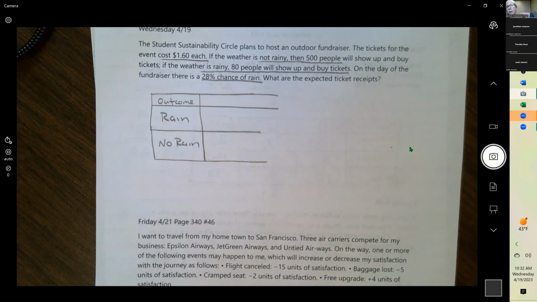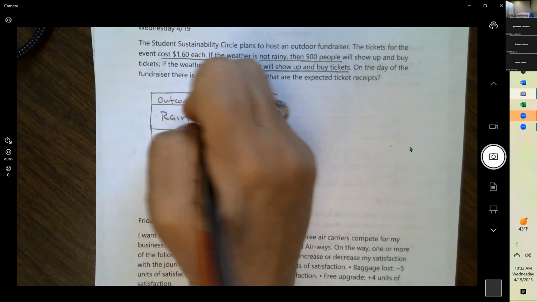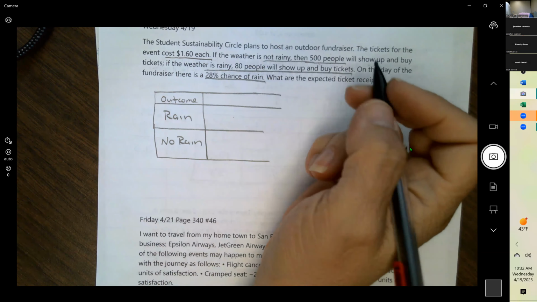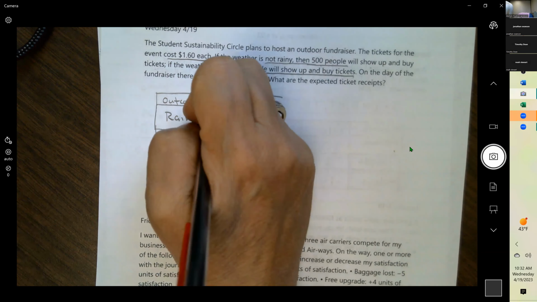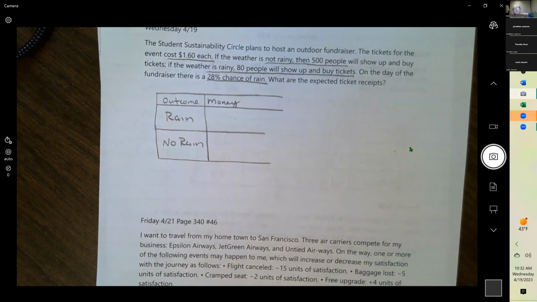And then we want how much money we'll make, because it's a fundraiser. What should we call it? Fundraiser? We'll just say it. So we need to figure out how much money we will make.